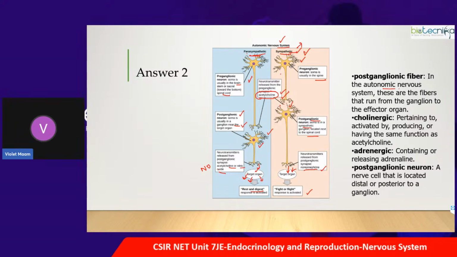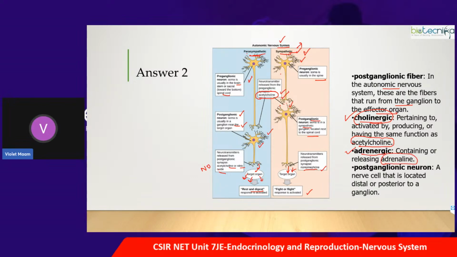Now in the autonomic nervous system, these are the fibers that run from the ganglion to the effector organ, the postganglionic. Then there are two more terms. Cholinergic neurons will release acetylcholine. Remember. While adrenergic will release adrenaline.